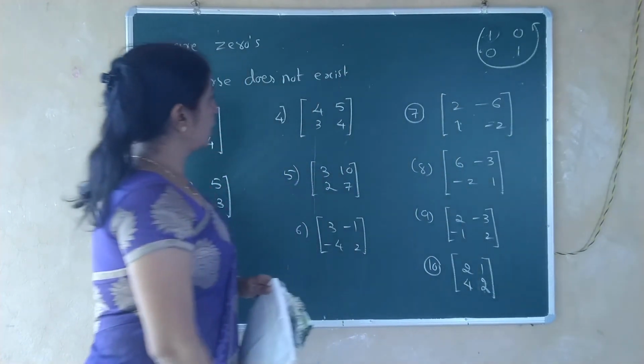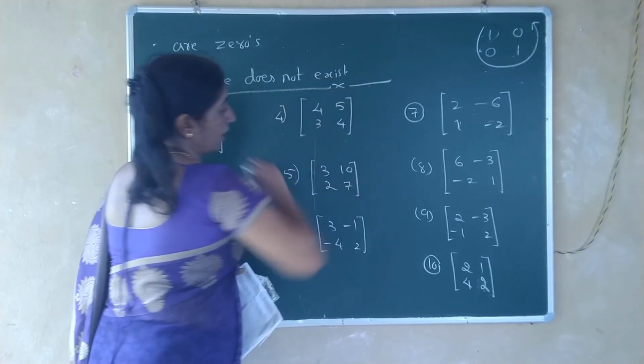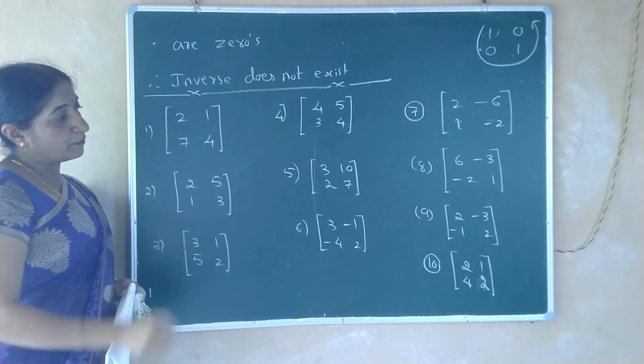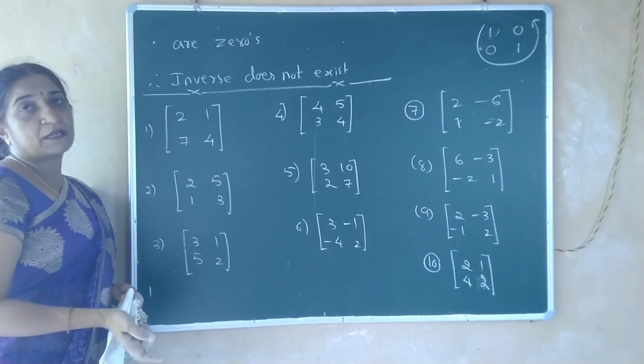Find the inverse of the following matrices, if the inverse exists. And in the next class, I will explain one more example of a matrix of order 2 by 2 and then a matrix of order 3 by 3.